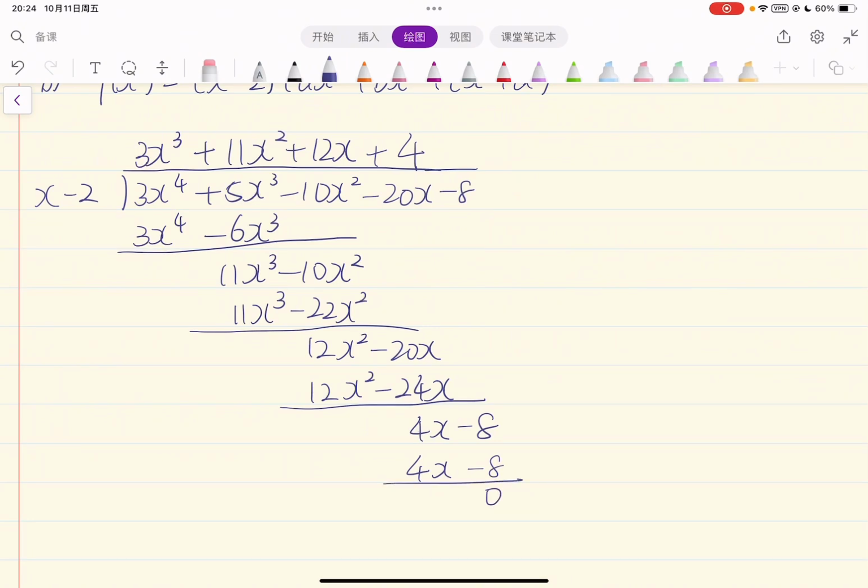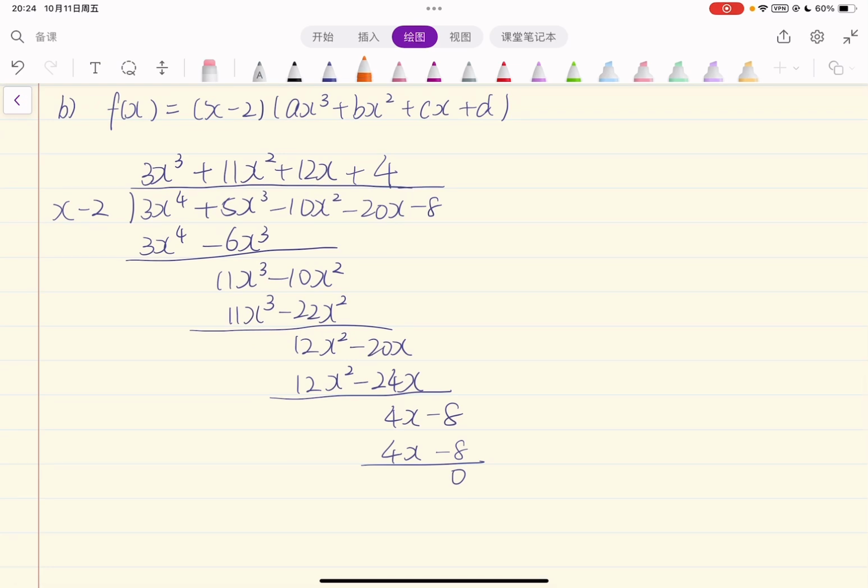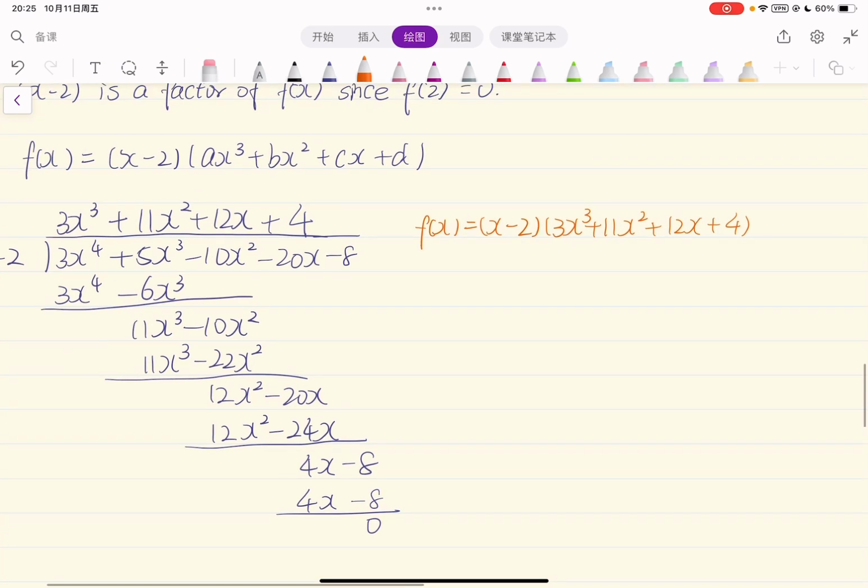So the remainder is 0. Thus, we find that f(x) equals x minus 2 times 3x cubed plus 11x squared plus 12x plus 4. Now we want to factorize this cubic.